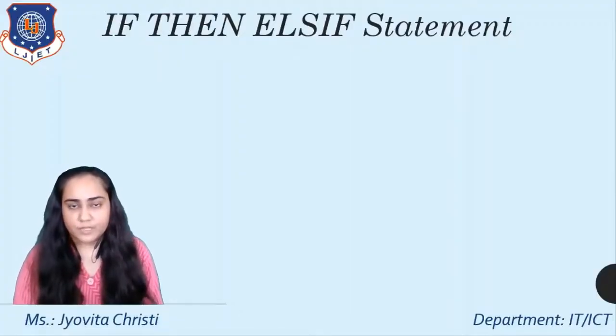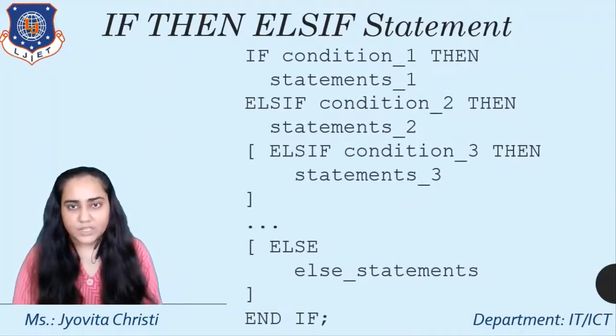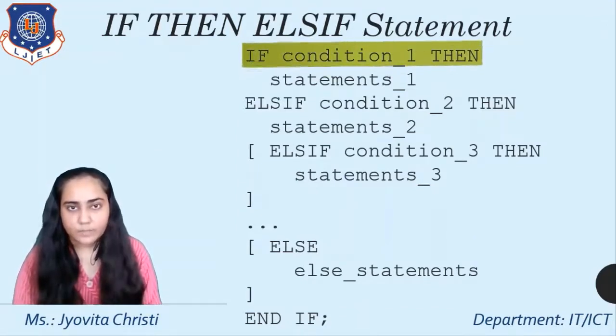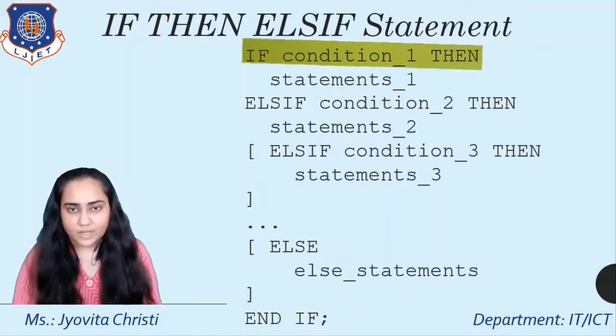This is the structure of the if, then, else if statement. In this structure, the condition between if and then, which is the first condition, is always evaluated. All other conditions between else if and then are evaluated only if the preceding condition is false.